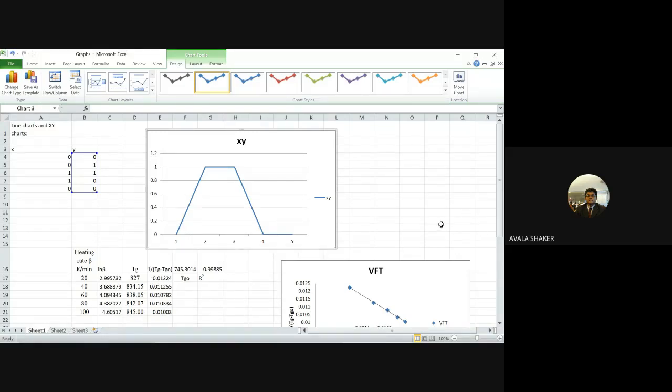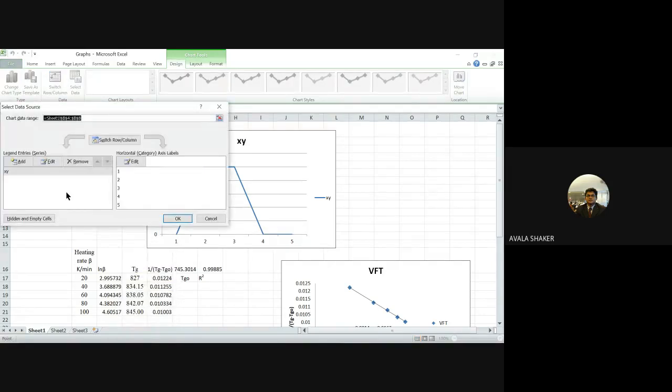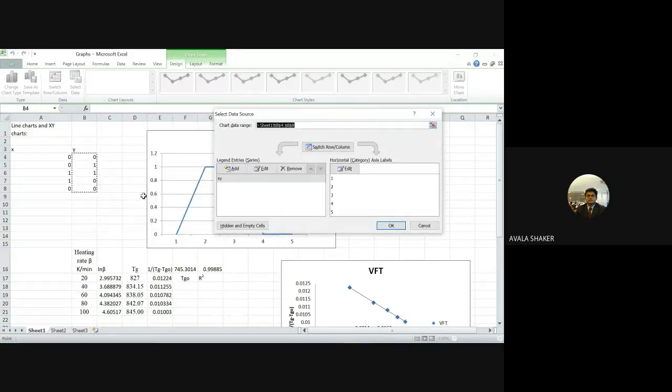So this is an XY. This value is fine. I think the X values have to be deleted.